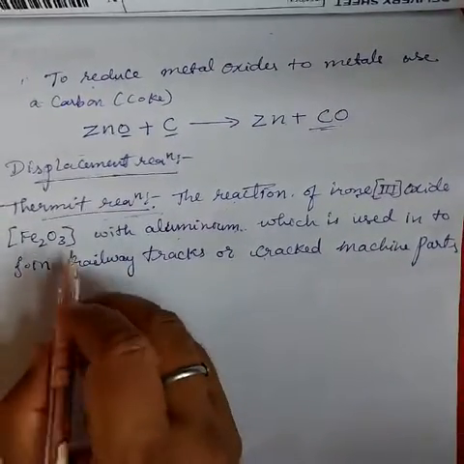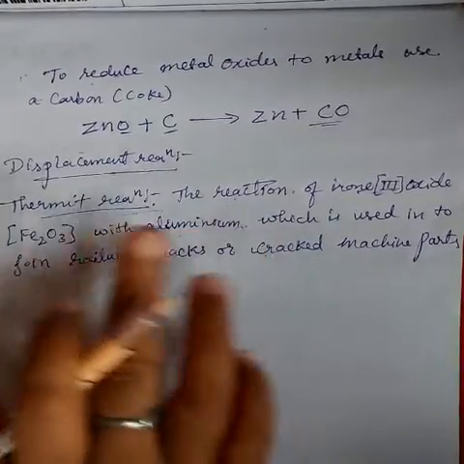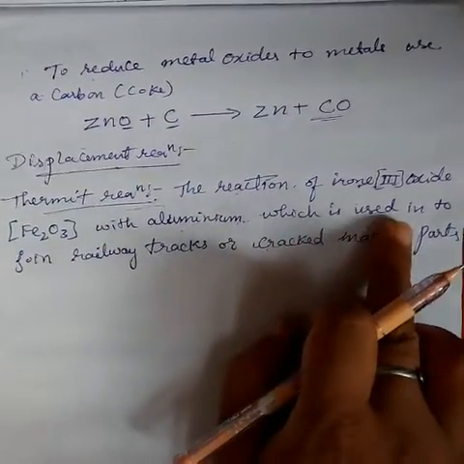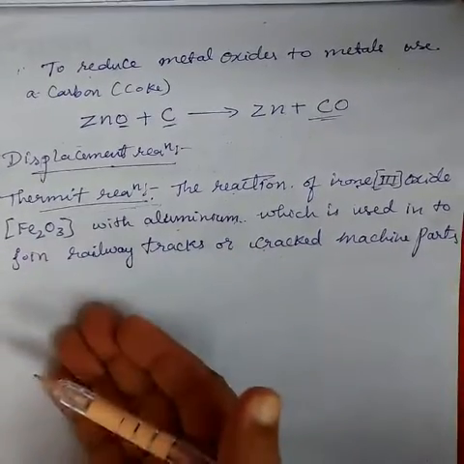This is called a thermit reaction. The reaction of iron oxide with aluminium, which is used to join railway tracks or cracked machine parts, is called the thermit reaction. In the examination they ask the definition, where it is used, that is, to join railway tracks or cracked machine parts, and to write the related equations.